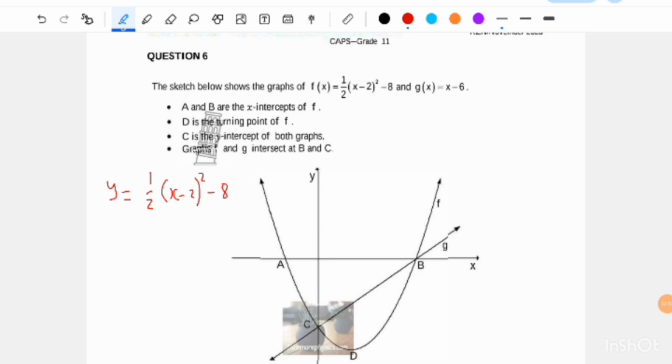So we're looking for the values of A and B. They are the x-intercepts of f, as we are told right here. How do we find the x-intercept? It is when y is equal to 0.